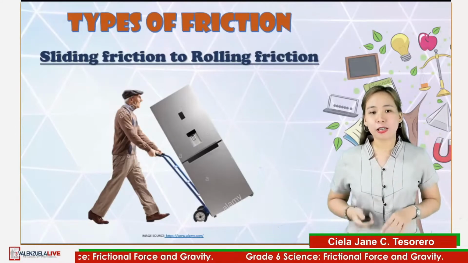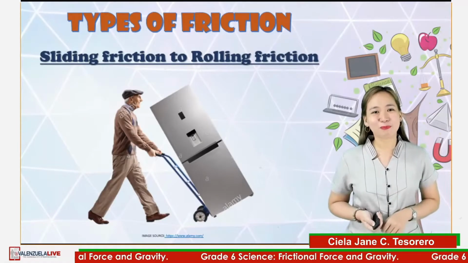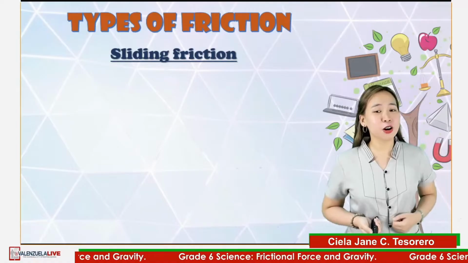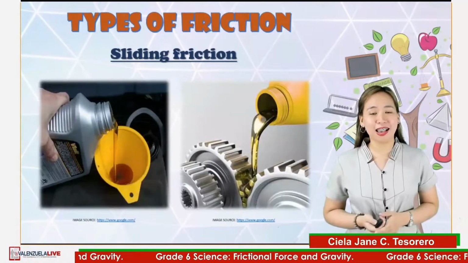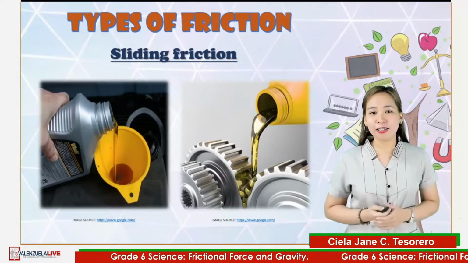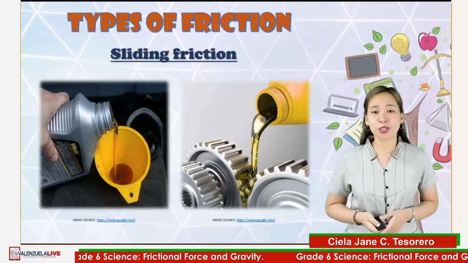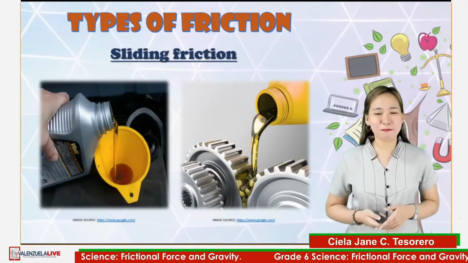We put this between two surfaces to reduce friction. This is also the reason why machines need lubricants, especially oil, when operating. Lubricants reduce the friction and allow moving machine parts to slide smoothly past each other.